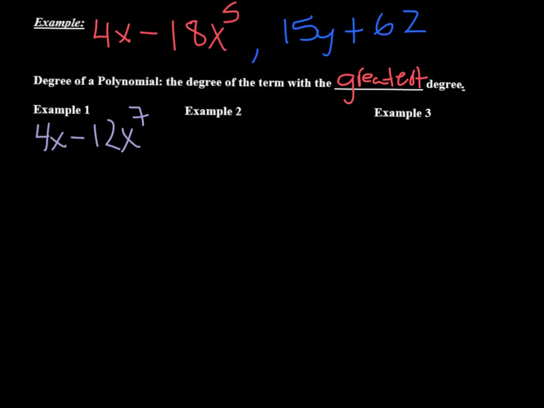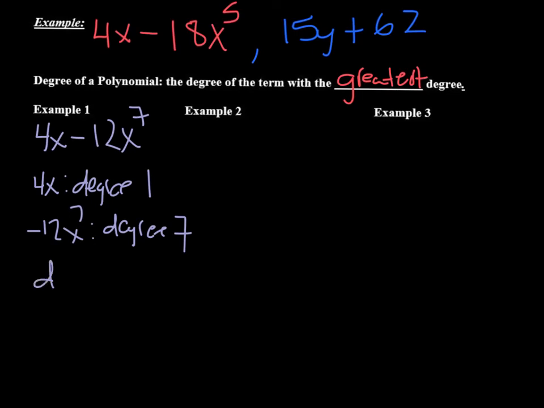For example, 4x has a degree of 1 because x is raised to the first power. Negative 12x to the 7th power has degree 7 because x is raised to the 7th power.